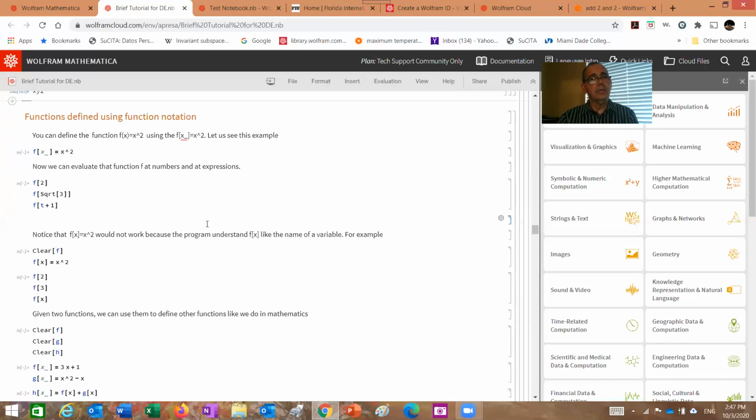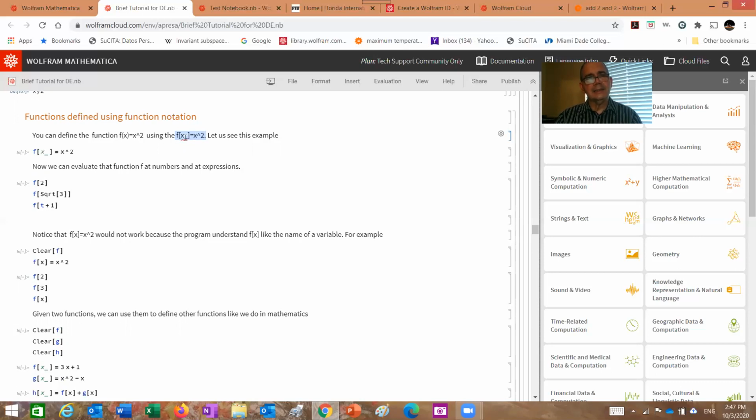Now, how can we enter functions in Wolfram language or Wolfram Mathematica? Well, here, if you want to define a function by this formula, f of x is x to the second, and you want the name of that function to be f, then you can do it using this pattern here. So notice that we need to put an underscore after the x.